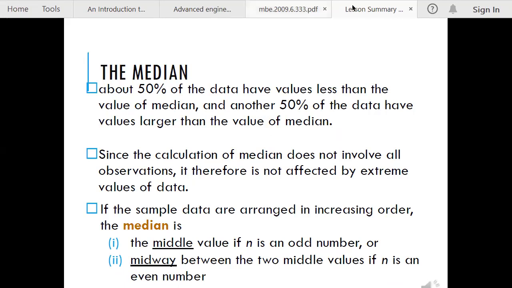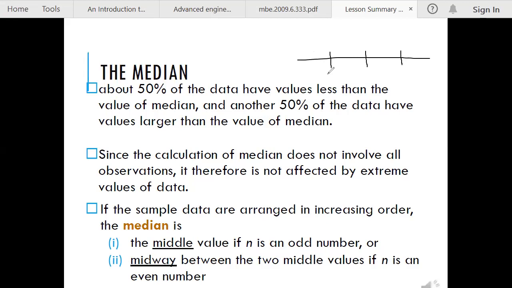We also mentioned in relation to the quartiles that the median is the second quartile. Quartiles means dividing into 4, so you need 3 partitions.